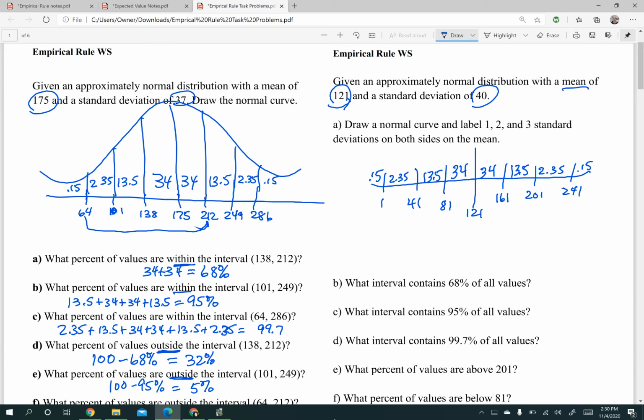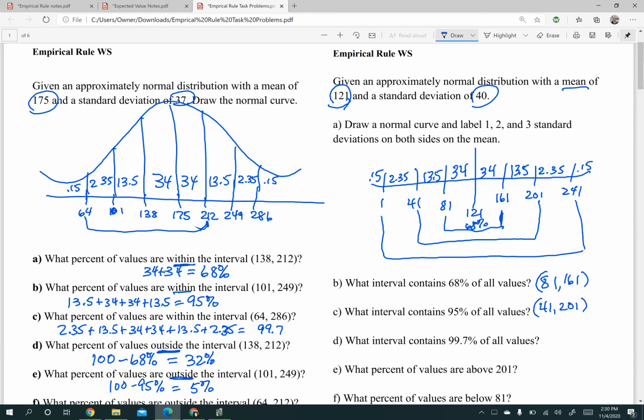Well, remember that one standard deviation is the 68%. So that is 81 to 161. And it says 95, that would be the next standard deviation. So that's 41 to 201. The 99.7 would be the next set of values. So 1 to 241.